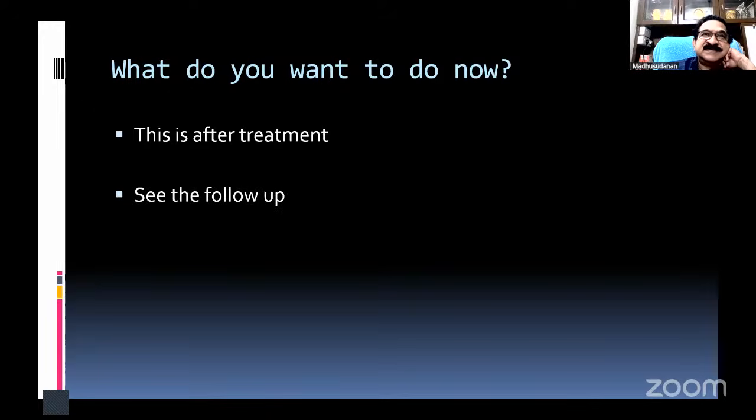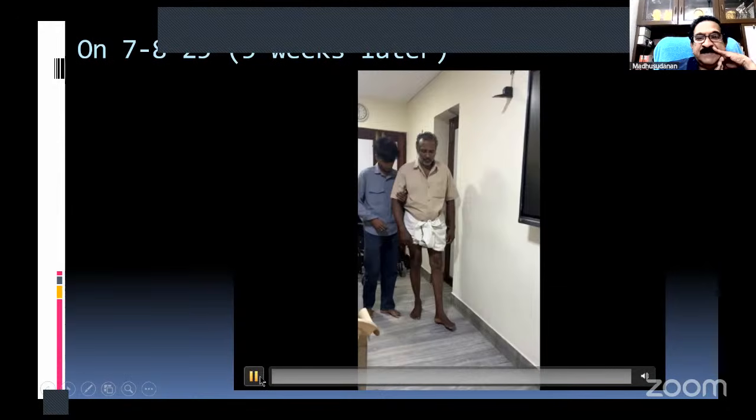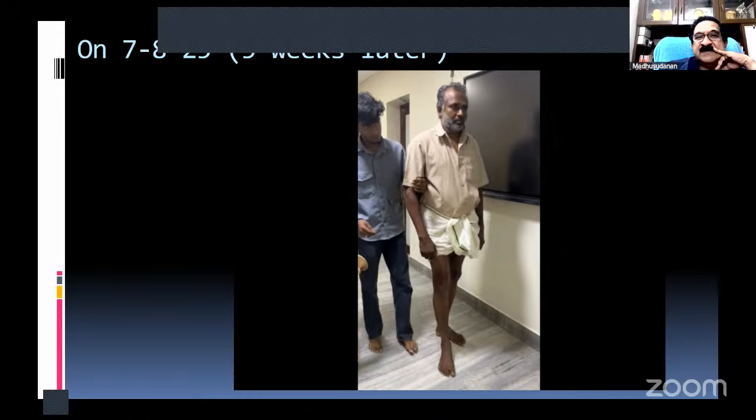Okay. Now this is after treatment. See the follow-up of the patient. This is 5 weeks after the treatment. His walking has become much better now.